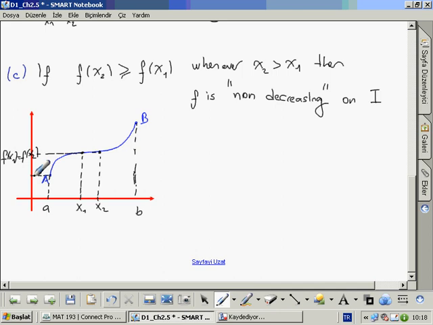We have just found two points such that x2 is larger than x1, but we couldn't say f of x2 is definitely larger than f of x1. So for this kind of non-decreasing curves, we can't say increasing, but we can say non-decreasing.